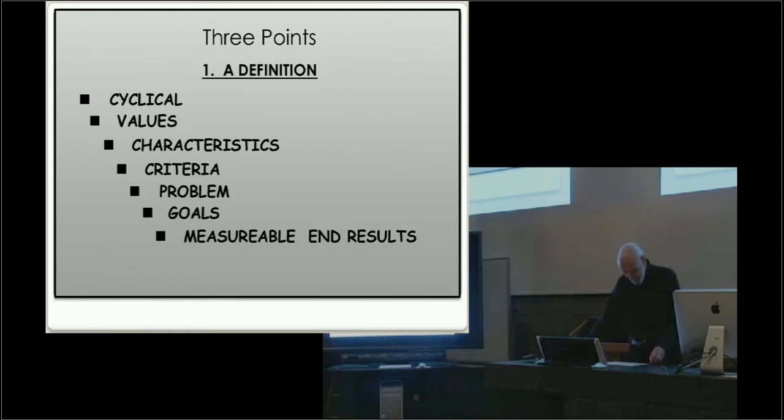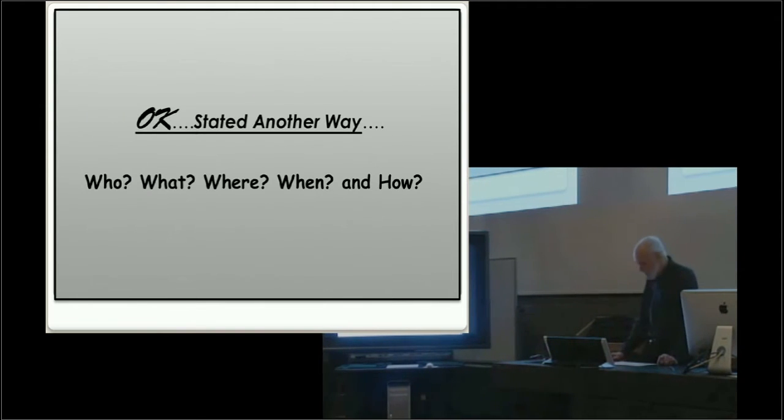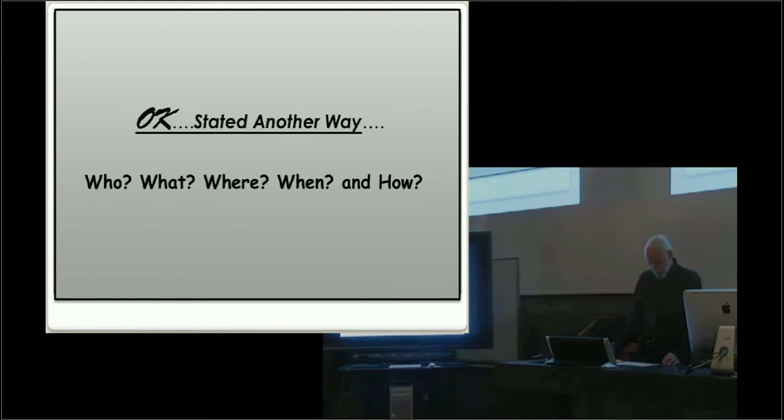Stated another way, design process is the discovery of the who, what, where, when, and how, as well as why, of a given environmental design problem, which lead to sensitive, appropriate, responsive, creative, and inspiring design solutions.